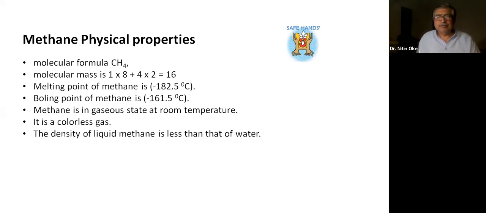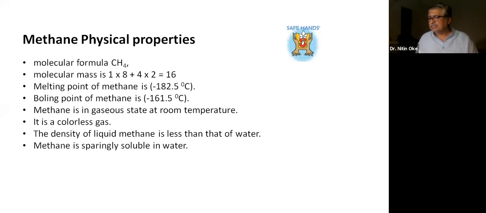The density of liquid methane is less than that of water. And the methane is sparingly soluble in water. Very less amount, extremely less.